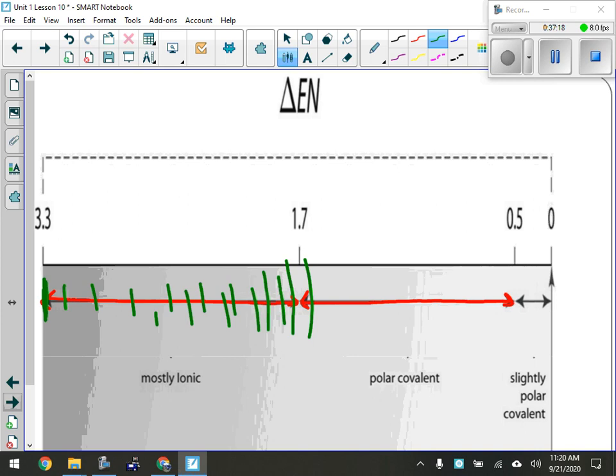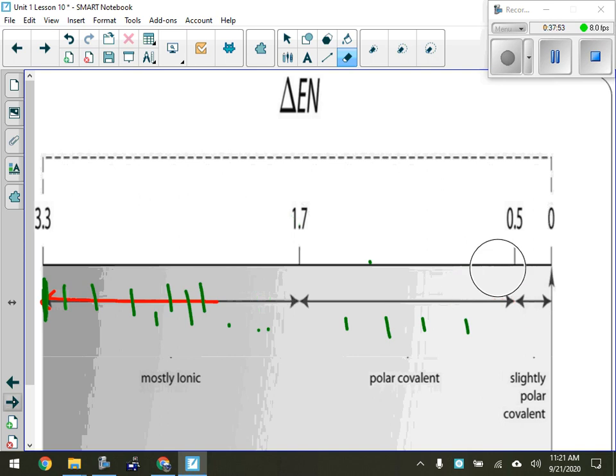But again, we're probably sharing very unequally here. And as you get closer and closer to here, you start to get more sharing very equally. Does that make sense? So it is a scale. You can't say 1.7 and above is ionic and below 1.7 is polar. It's a little bit of give and take here. So I'm going to stop talking and let you guys copy that.